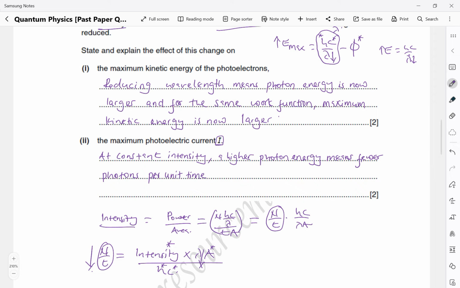Fewer photons per unit time arrive on the surface. So the maximum photoelectric current is smaller, or it decreases, as illustrated there.